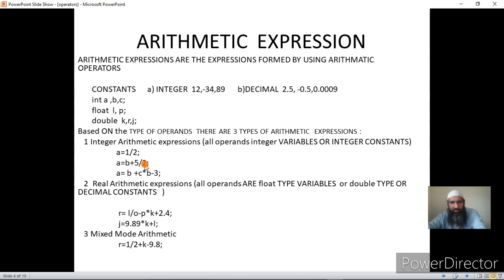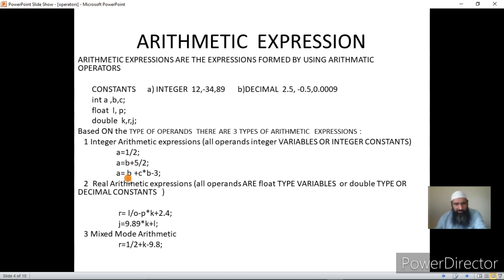If all the constants are integer constants, then the expression is integer. But there is one more thing that you have to check, that is the variables. These variables that are involved in the expression should have the data type integer. So when both these conditions are met, that is when all the constants are integers and all the variables are integers in a particular arithmetic expression, then we say that particular expression is an integer arithmetic expression.